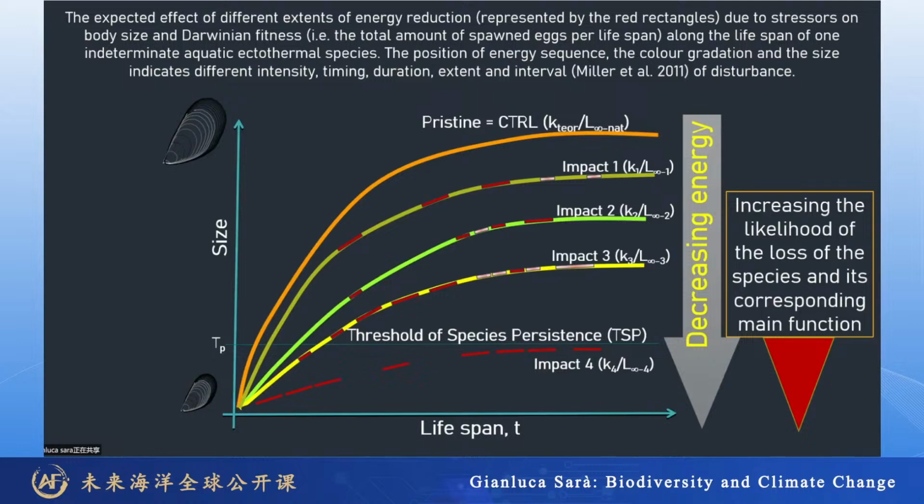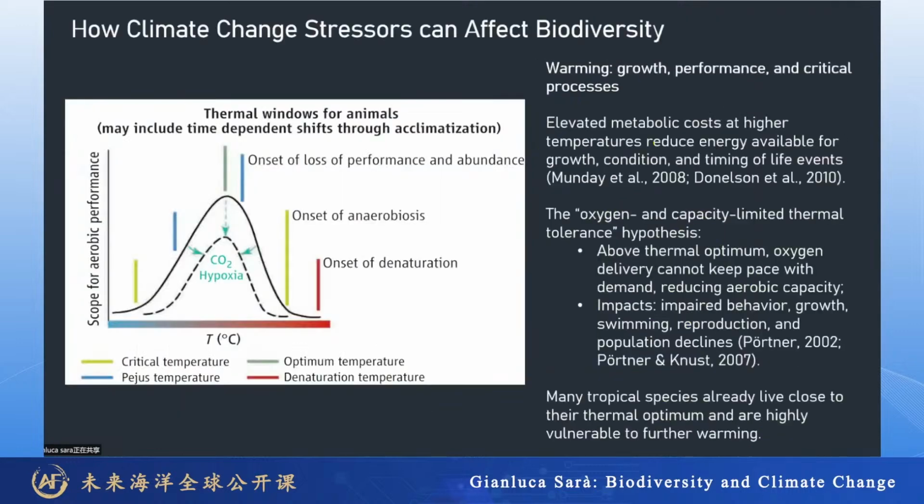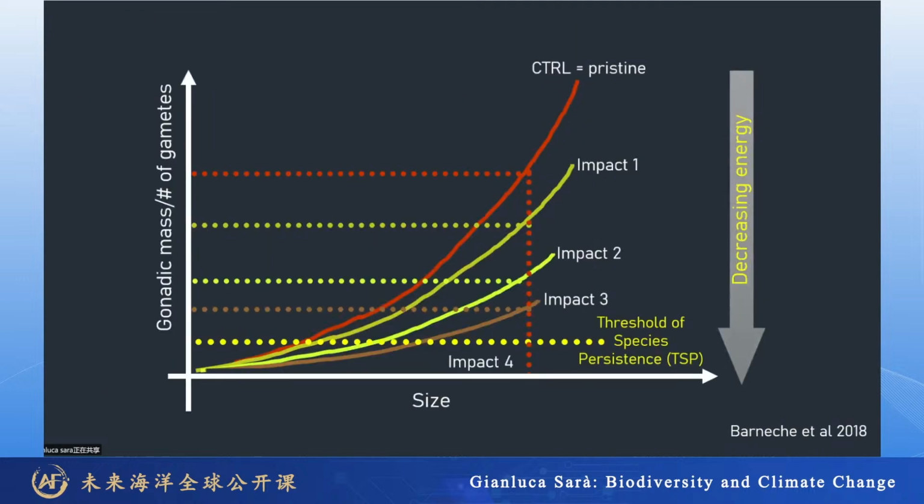Okay? Apart from the von Bertalanffy curve and the relationship between size and gonadic mass, I also recall that last year I invited you to read this Science paper, Barneche et al. 2018, because it's really important: they measured this relationship in 500 marine species.